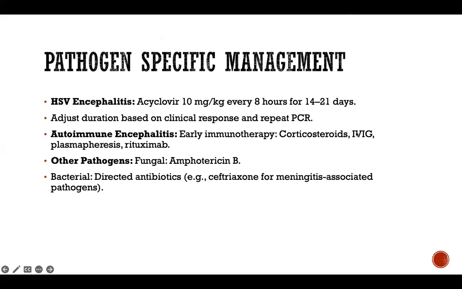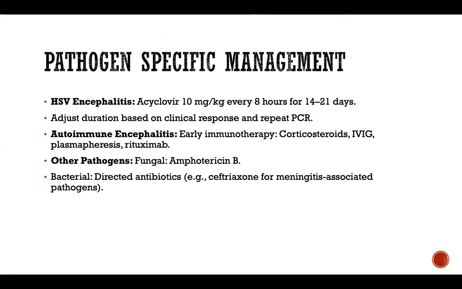So pathogen-specific management. For HSV encephalitis, the treatment is typically acyclovir 10 mg per kg every 8 hours for 14 to 21 days. We adjust the duration based on the patient's clinical response, and typically we would want to repeat the PCR to see if the treatment is working. For autoimmune encephalitis, it's important to start immunotherapy early.